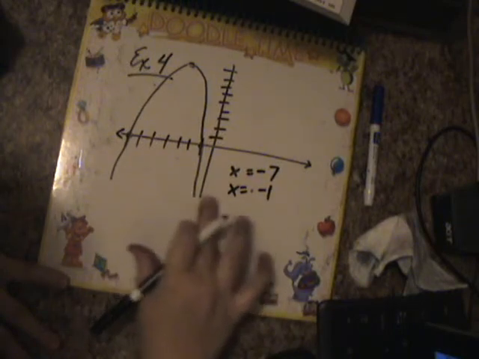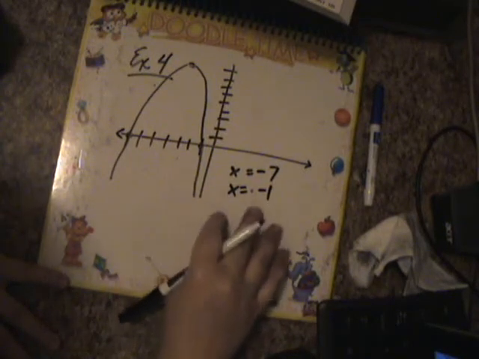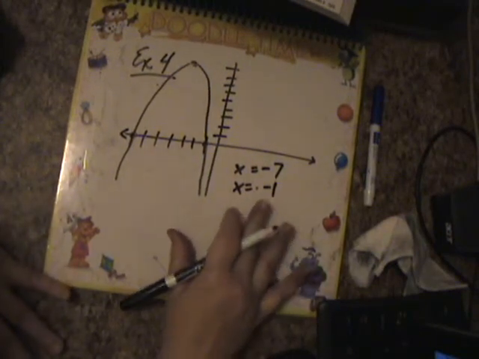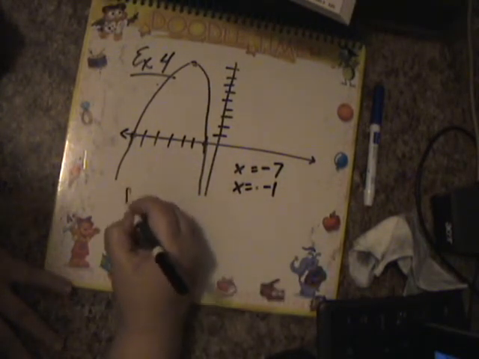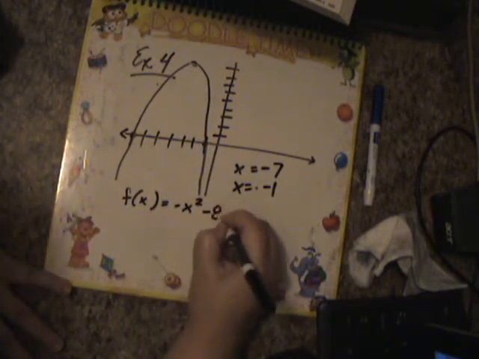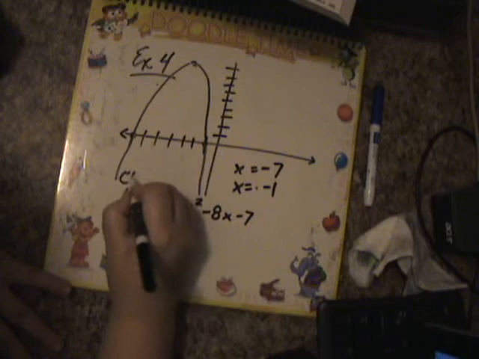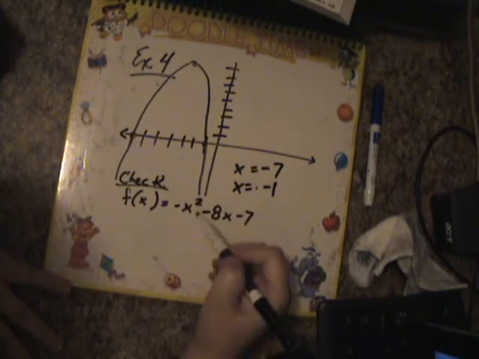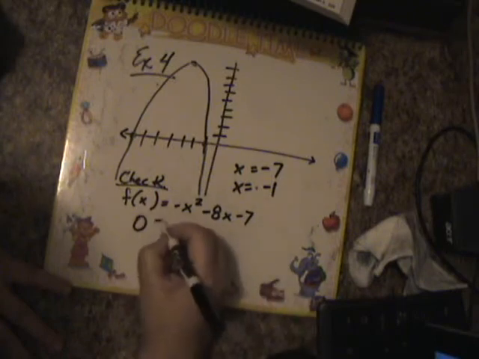Now, I haven't been doing the check portion of these, but if you're doing an important test and you want to make sure, you can always plug these in. And this is where we say f of x equals negative x squared minus 8x minus 7. So we're checking. And we plug in negative 7 for x, and it should equal 0.